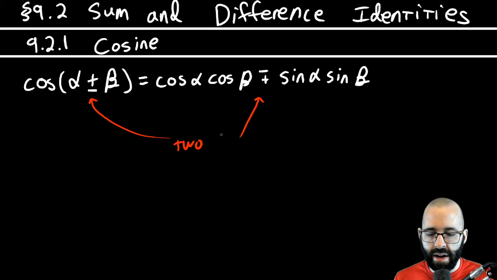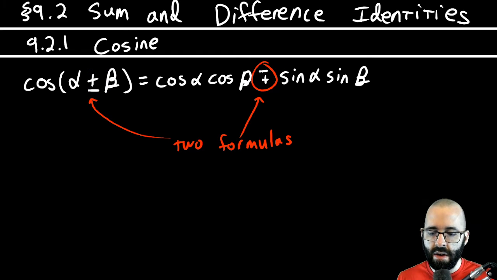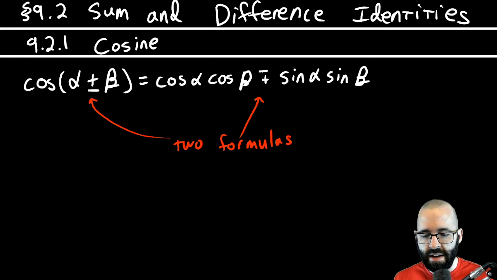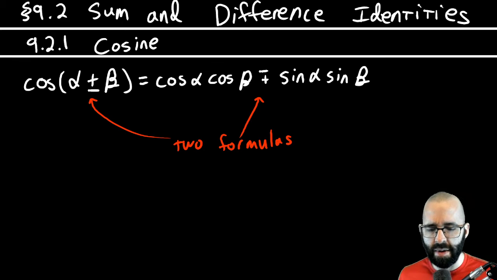So this is just shorthand for two formulas. And it just means that this sign up here has to be the opposite of what this is. So angle sum, we'll have this be a minus. Angle difference, we'll have this be a plus. So we choose both things on the top or both things on the bottom. Hopefully an example will make this a little bit more clear, but we're just writing two formulas at the same time.